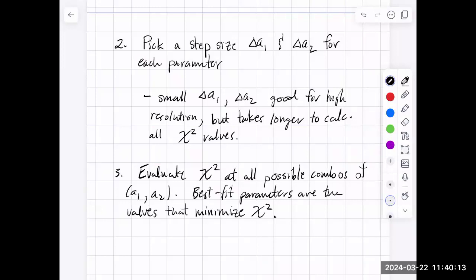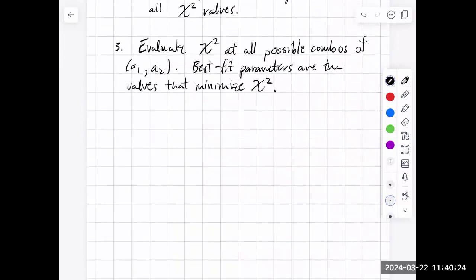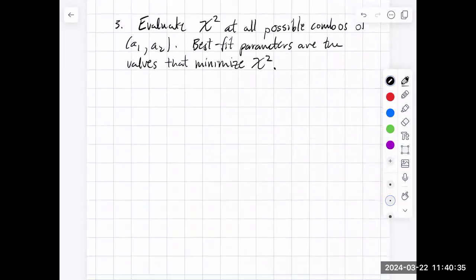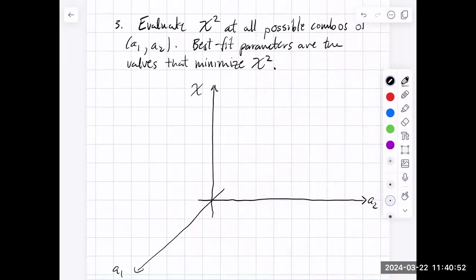One way to represent this kind of procedure is by making a surface plot. And so this works well for 2 fit parameters, but the idea is similar for bigger sets of parameters. So I'm going to challenge my ability to draw here. So let's see how it goes. I'm going to draw a coordinate system that has an A2 axis and an A1 axis and a chi-squared axis.